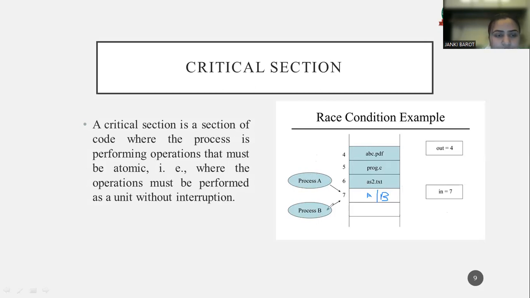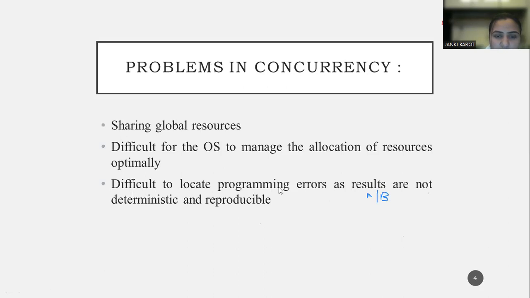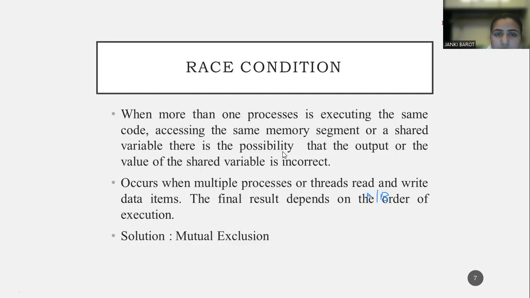Clear? The operating system is not able to give any notice or error. Here it is written that it is a difficult-to-locate programming error, and the results are not deterministic and reproducible.